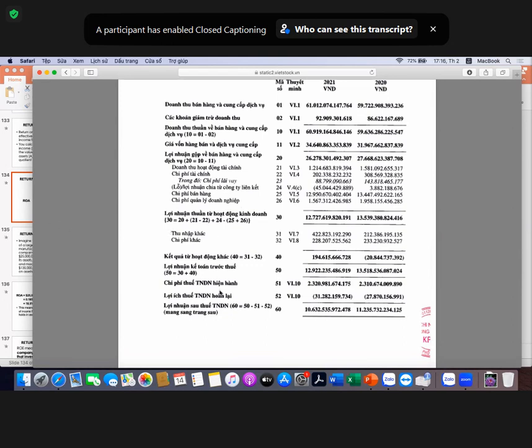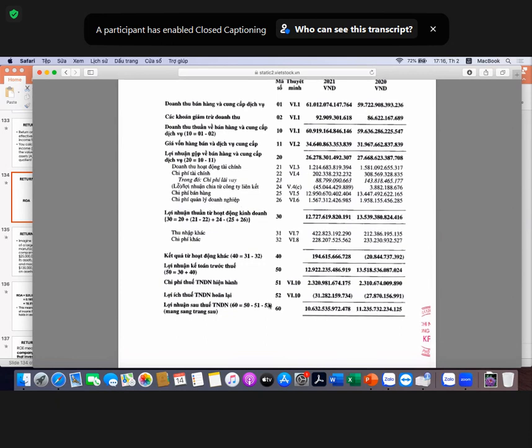What is the return on assets? In 2022 it is about 20%, in 2021 it is 20%, and in 2020 it is about 23%.